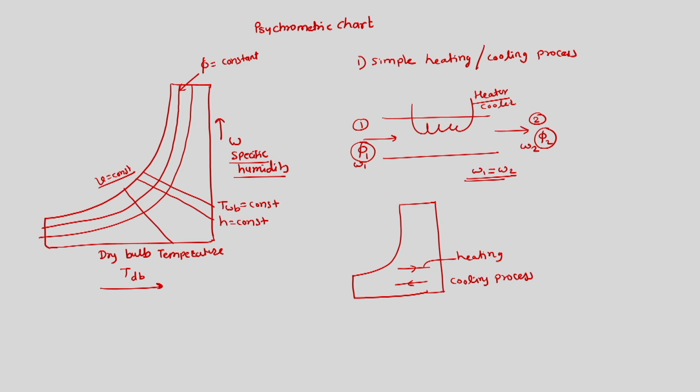Now, what is the amount of heat added or heat rejected? This Q is the amount of heat interaction, equal to m dot A into H2 minus H1, where m dot A is the mass flow of dry air, and H2 and H1 are the enthalpies per unit mass of dry air at the outlet and at the inlet.